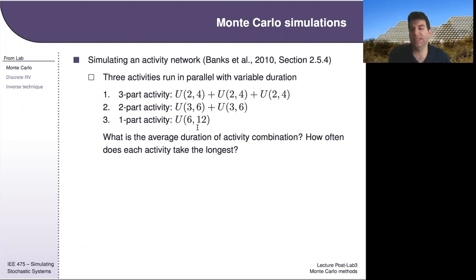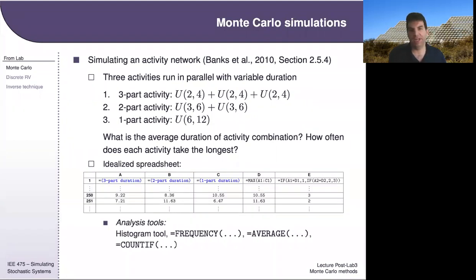And so the question is, if you have to wait for all 3 of them to finish in order for the whole activity to be finished, then what are the statistics of the whole activity's time? A Monte Carlo run or a simulation is great for this. In the Monte Carlo simulation, kind of similar to our pi example, each row is a sample. In those rows, we've got a 3-part duration.